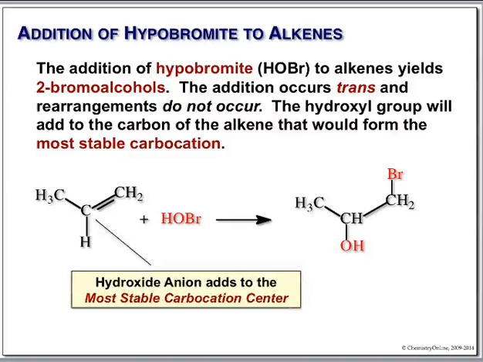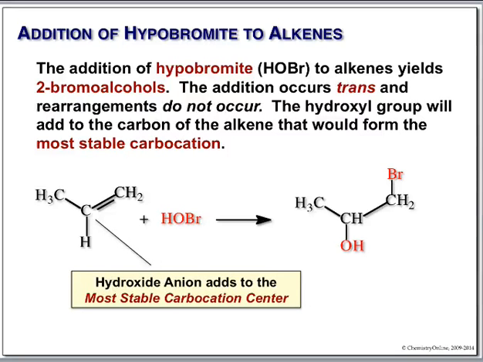The one thing you have to remember in this reaction, you're going to add bromine to one carbon, OH to the other. And when we were adding bromine to both, it didn't matter where we put them, did it? What you want to do is look at your starting alkene and say which carbon would give us the most stable carbocation.